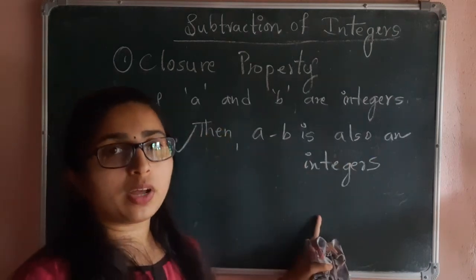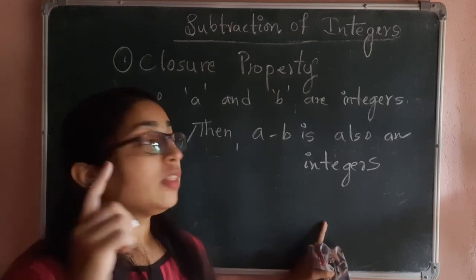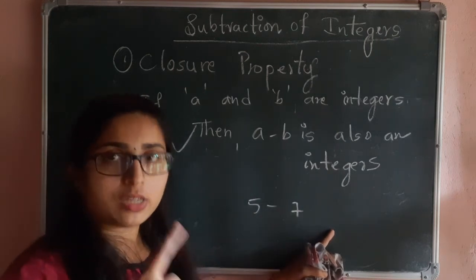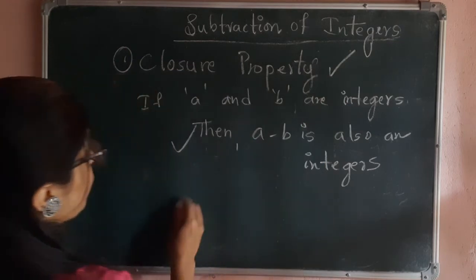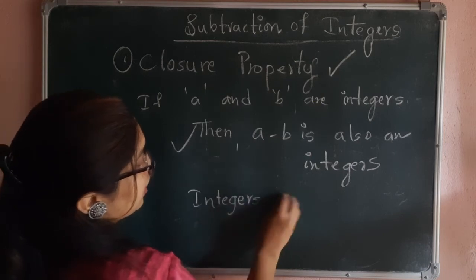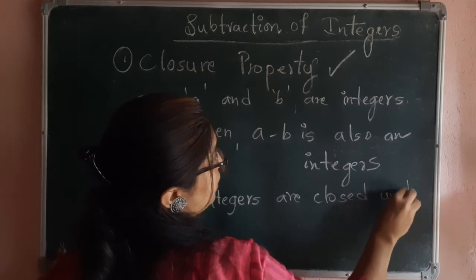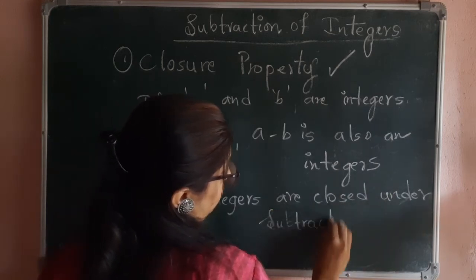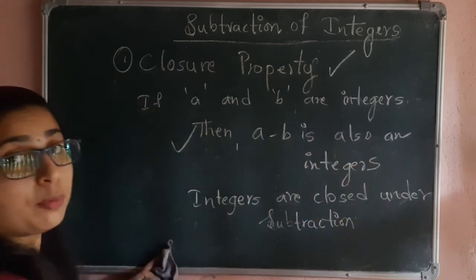If 3 and 2 are integers, 3 minus 2 is equal to 1 and that is also an integer. And 5 minus 7, which will give you minus 2, is also an integer. So closure property is satisfied. So integers are closed under subtraction. Okay, so this is all about the closure property.